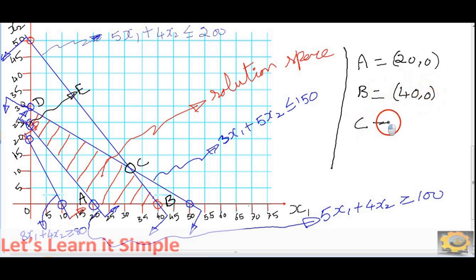And C is the intersection of the first two constraints. So you can see C is the intersection of the first constraint and the second constraint.